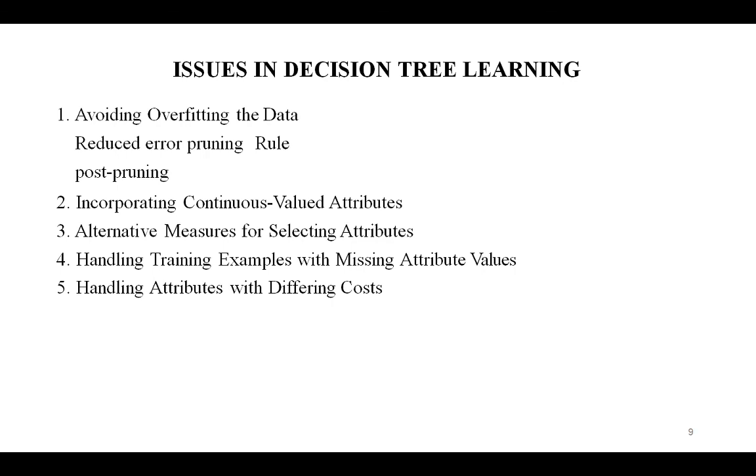The major issues are avoiding overfitting the data, incorporating continuous valued attributes, alternative measures for selecting attributes, and handling training examples with missing attribute values. The last issue is handling attributes with differing cost. These issues I'll discuss one by one in the later classes.